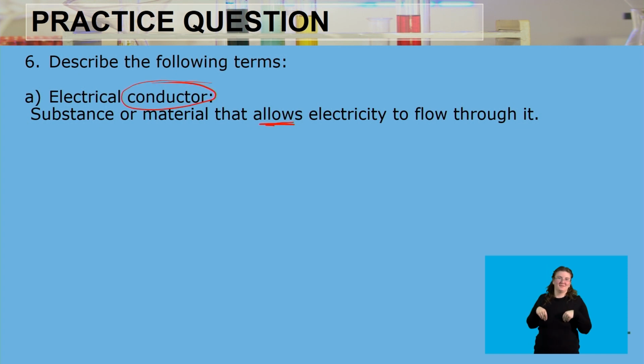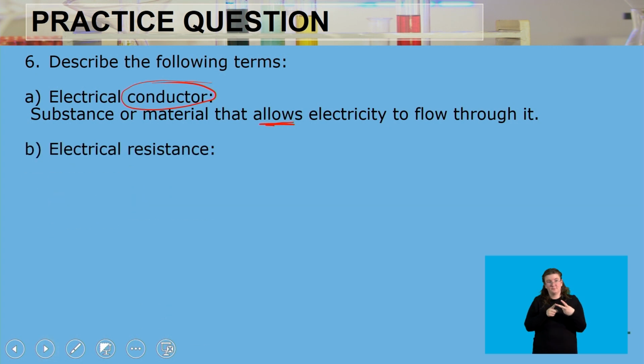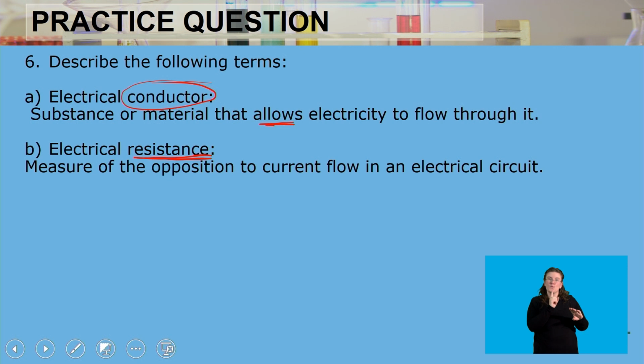Then the second one is electrical resistance. That is a measure of the opposition to the current flow in an electrical circuit. When we are measuring the opposition of the current flow in an electrical circuit, that's what we call electrical resistance.